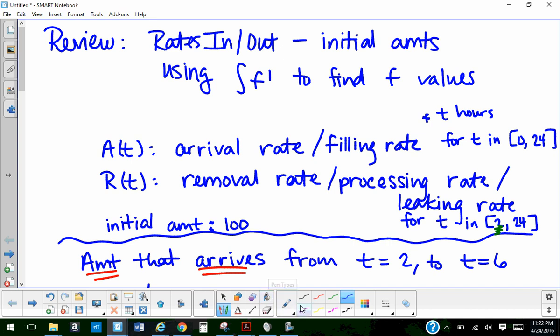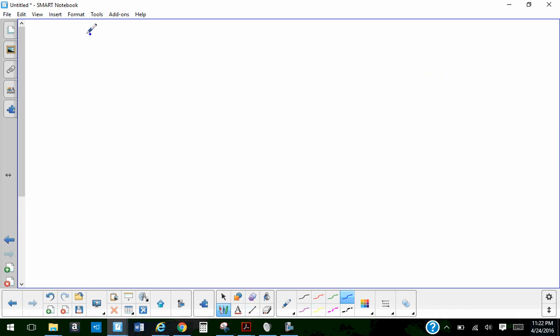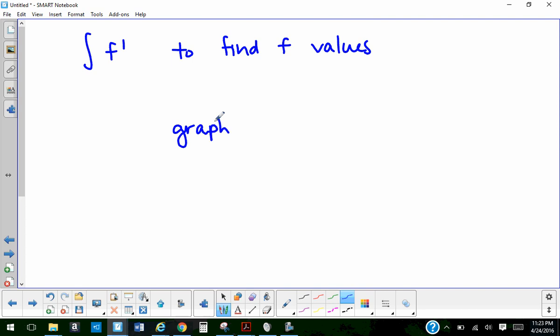The other way you could use this is looking at integrating f prime to find f values. So if I had to integrate f prime to find f values, that would be like maybe you are given a graph of f prime, and you maybe say you want max and min values.